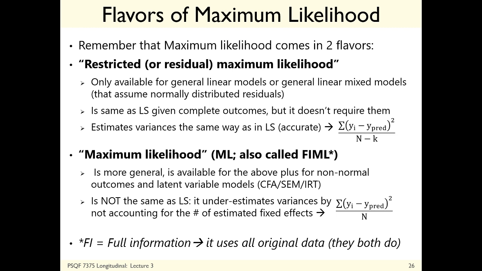Because when the model is normal, meaning normal residuals and normal factors or normal random effects, factors and random effects are the same thing, folks. So when I say a random intercept, you can think of yourself as a latent variable. You'll get the same thing if there's complete data. So this distinction of full information versus not doesn't matter if you have complete data and normal.